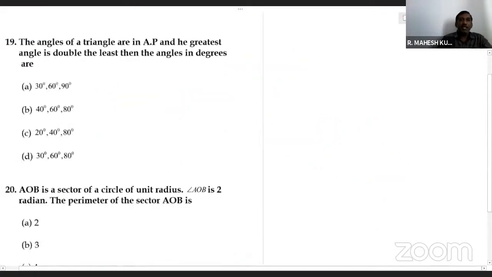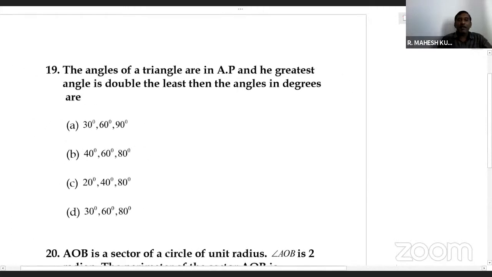Look at the 19th question. The angles of a triangle are in AP and the greatest angle is double the least. Then the angles in degrees are? Angles of a triangle, they are in AP. So let us again assume a minus d, a, a plus d are the required angles.